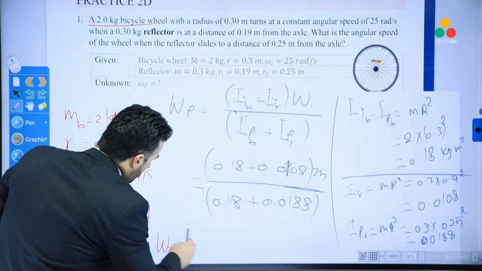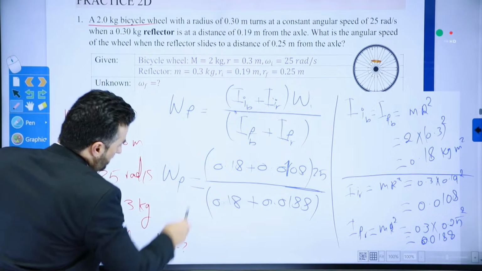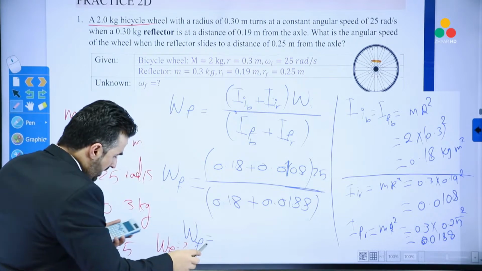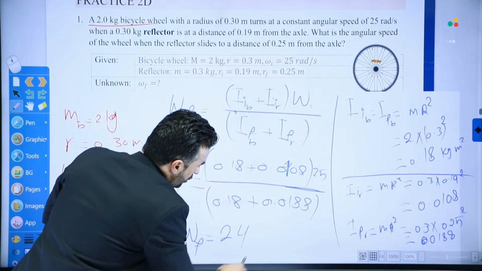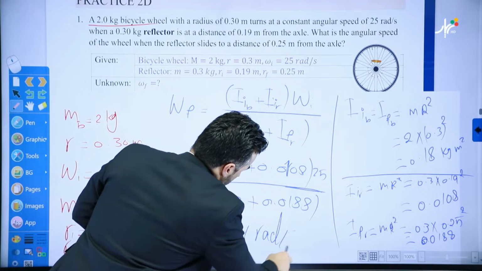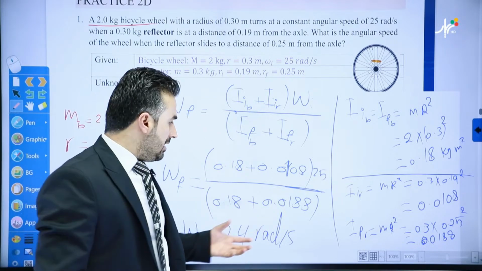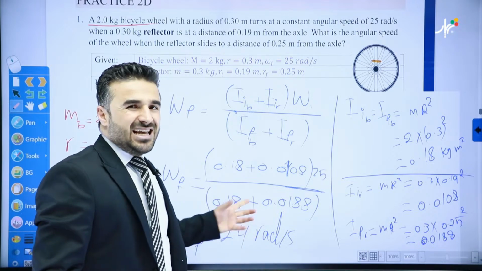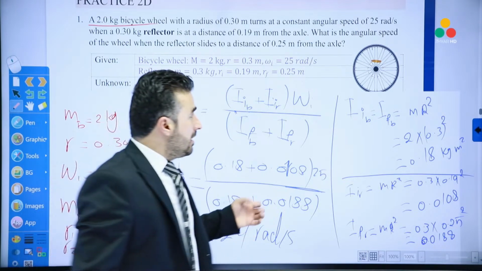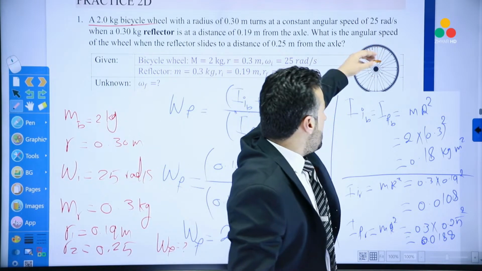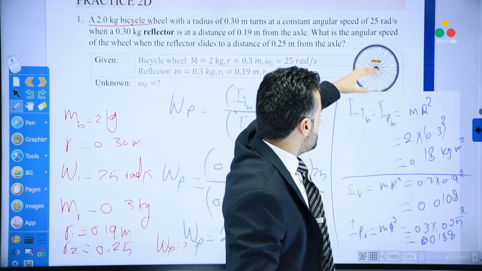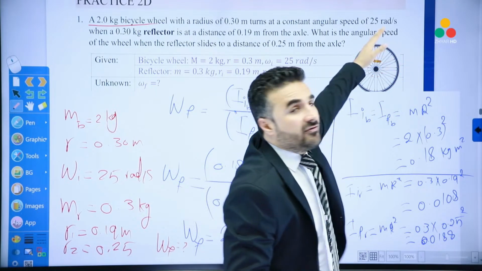The answer here will be 23.9, so omega final, by rounding, is going to be 24 radian per second. Now, before you see whether your answer is right or wrong, think for a second. The reflector is moving from somewhere close to the center away from the center.